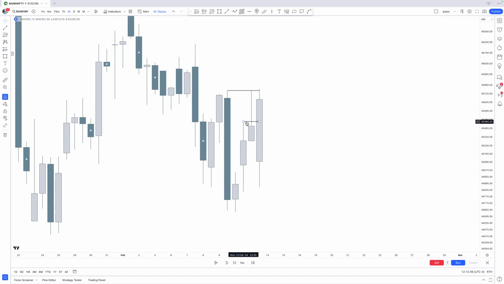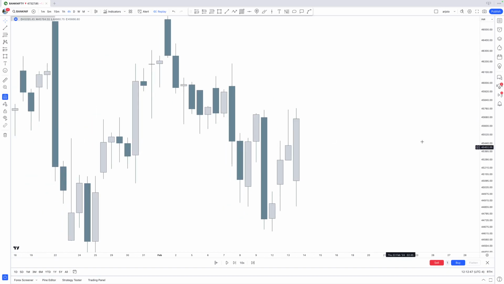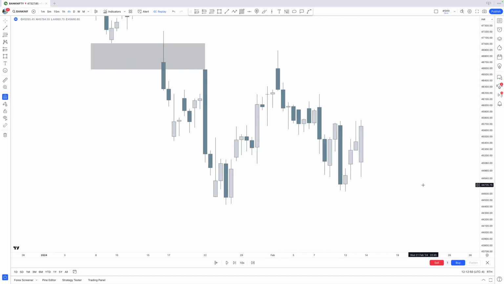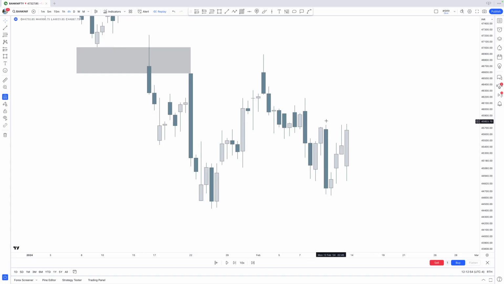So now we are disrespecting the overall bias that we had to continue lower. So what are we doing right here? Okay, now the last line of defense is failing. We have now created a dominoes effect. The last line of defense that is failing is not actually the swing high or swing low, whatever it may be. It's a previous candle high or previous candle low, based on the 2 candle rejection, based on candle signs.